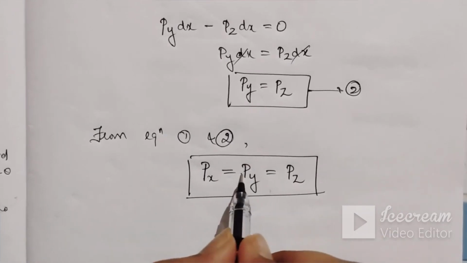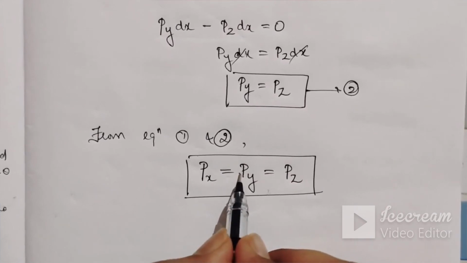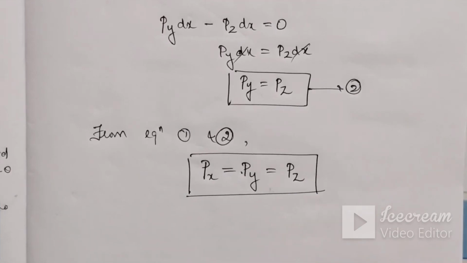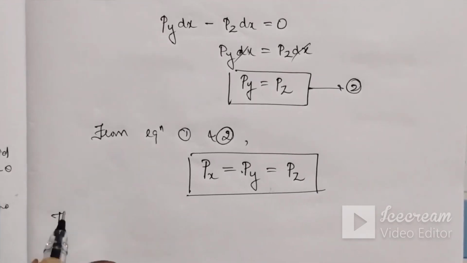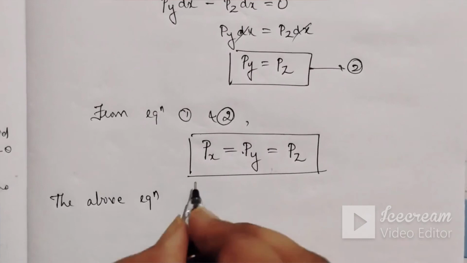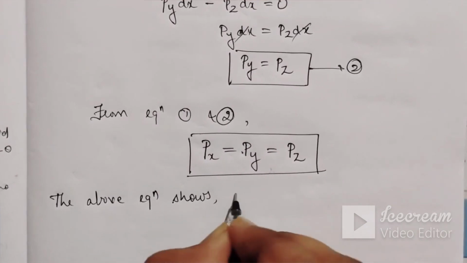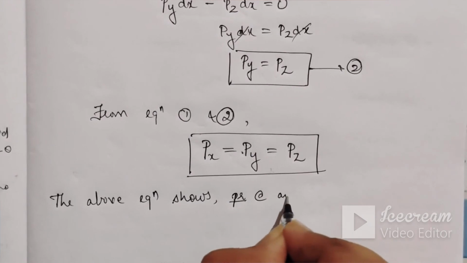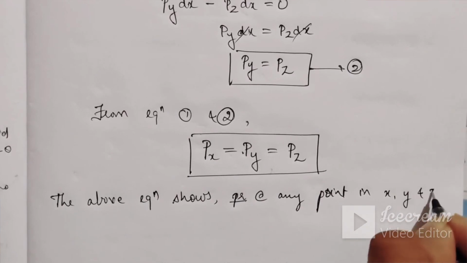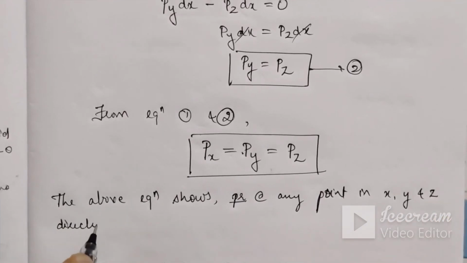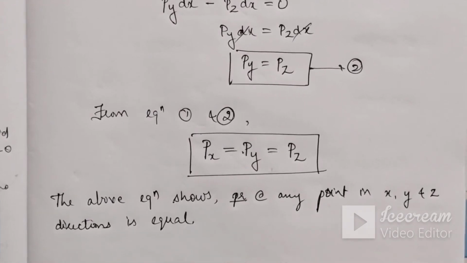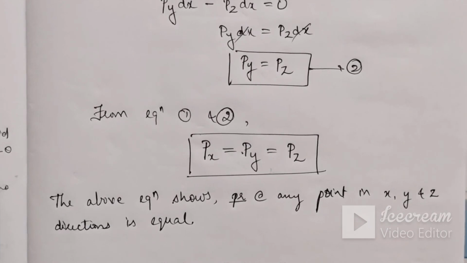The pressure or the intensity of pressure at a point in a static liquid is equal in all directions. So the above equation, you have to write this: the above equation shows the pressure at any point in x, y and z directions is equal. This is what we wanted to prove.